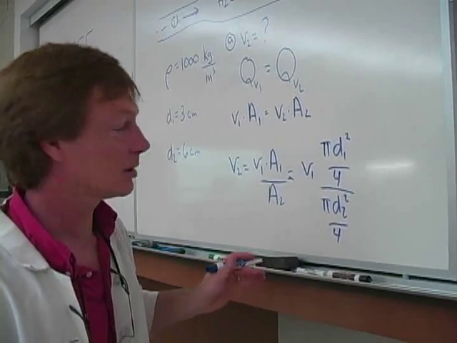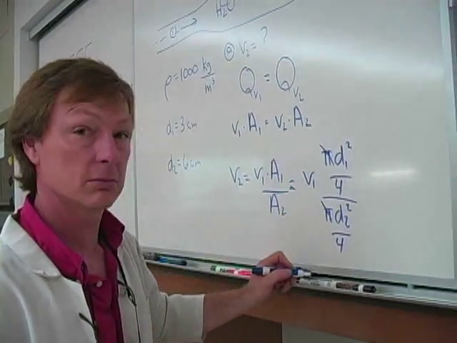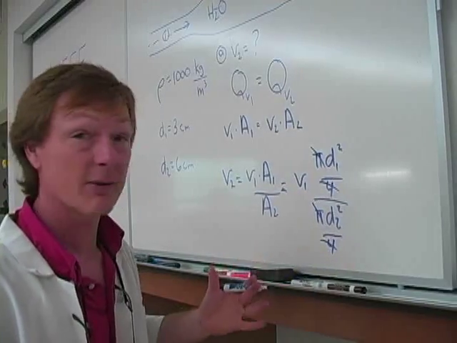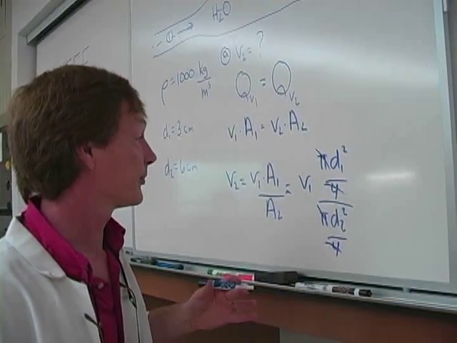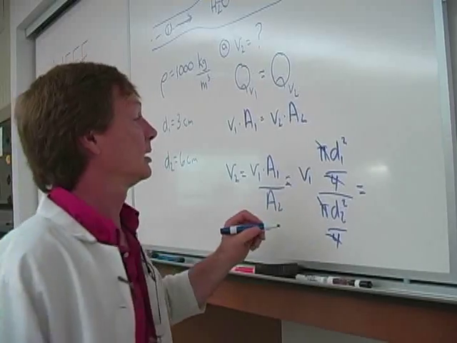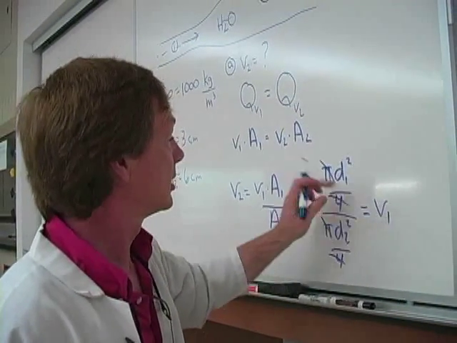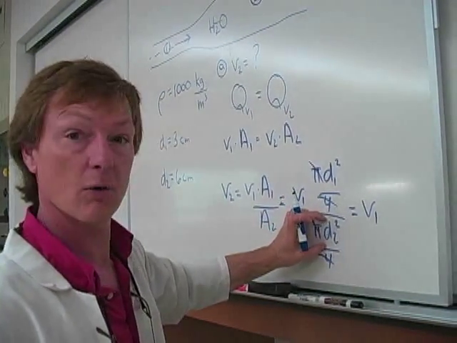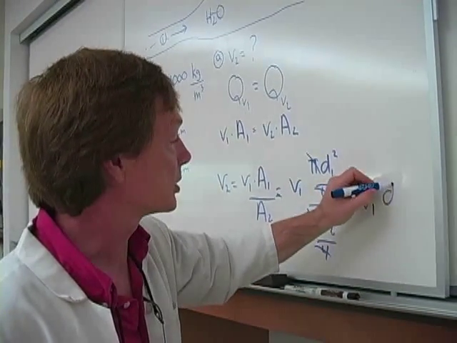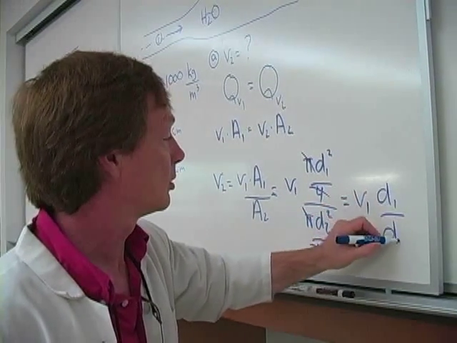Now this is the good part. The pi's cancel, and the 4's cancel. So I never really had to calculate that whole thing. And this is going to be equal to velocity 1 times d1 squared over d2 squared, or just d1 over d2, squared.